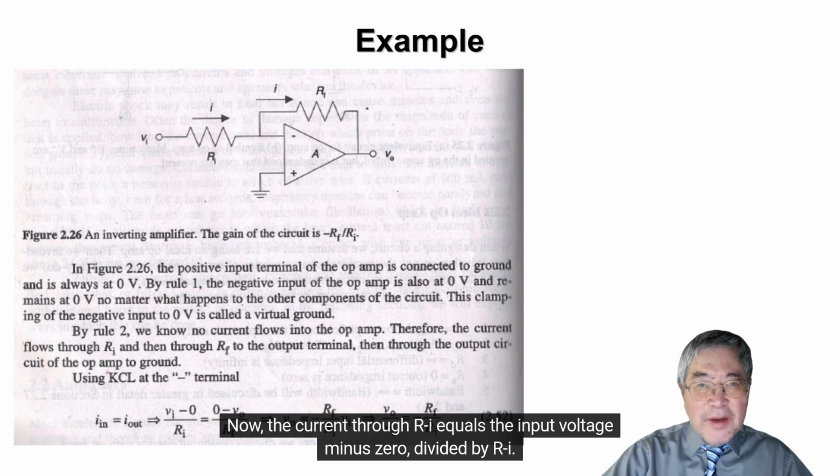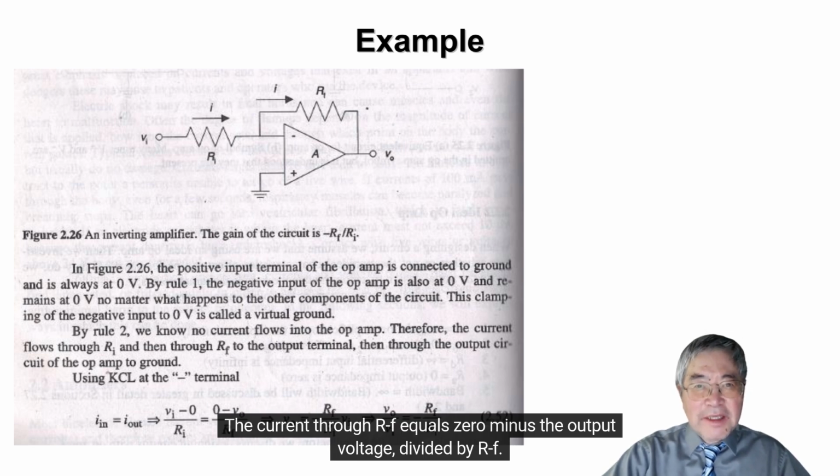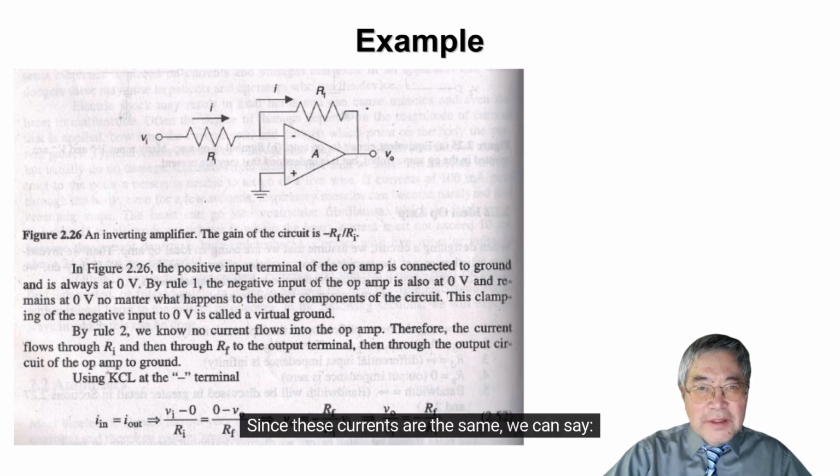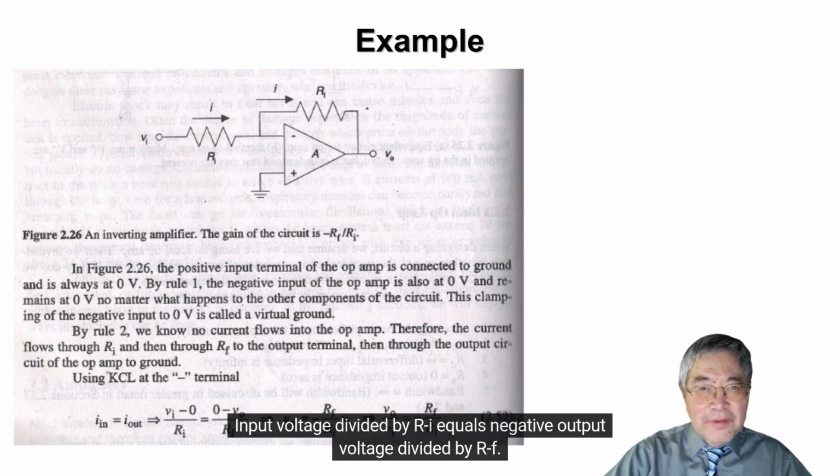Now, the current through Ri equals the input voltage minus 0 divided by Ri. The current through Rf equals 0 minus the output voltage divided by Rf. Since these currents are the same, we can say input voltage divided by Ri equals negative output voltage divided by Rf.